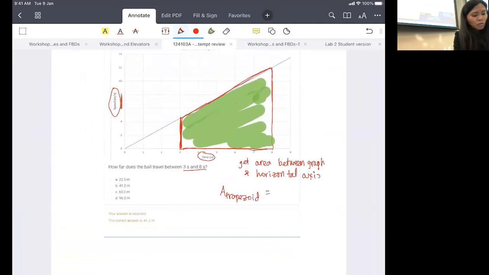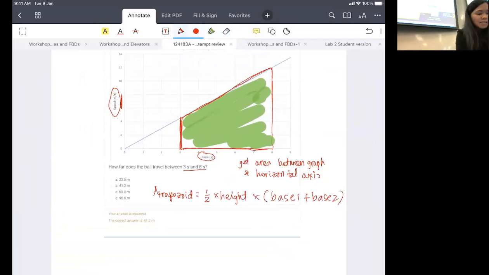The area of a trapezoid is 1/2 times the height of the trapezoid. I should write that with more space. So the area of a trapezoid is equal to 1/2 times the height of the trapezoid times the sum of the bases, base 1 plus base 2.